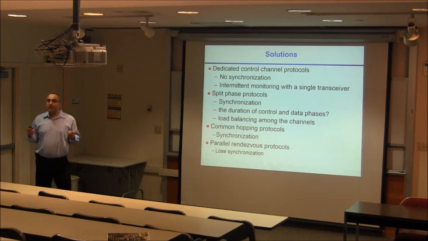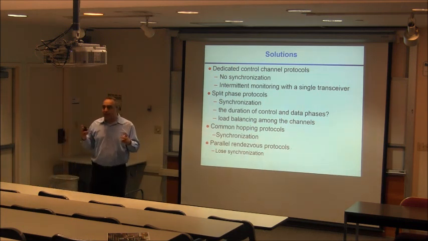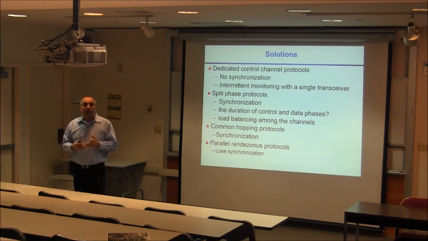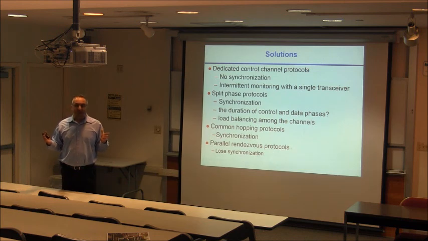But for this type of solution, there are 2 types. Number 1, you assume multiple transmitters and receivers. In that case, you can keep one transmitter at the control channel and use the other to make a transmission on another channel. That way you have knowledge of what's going on every single time. But most devices don't have that.